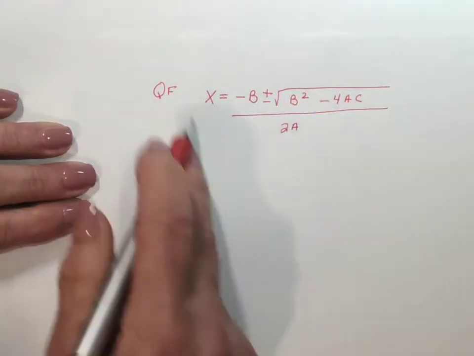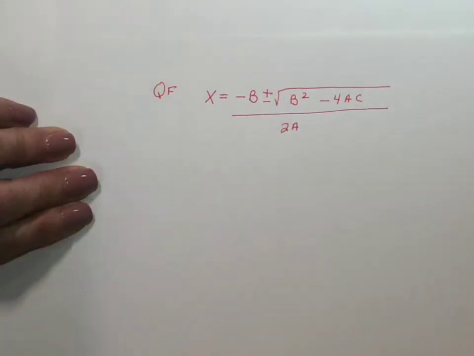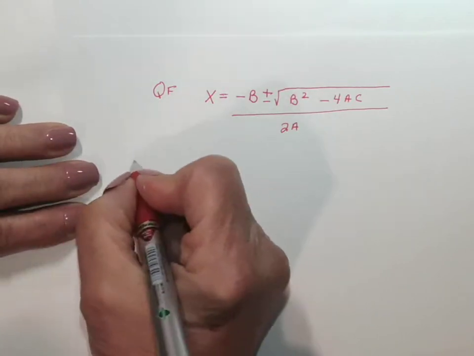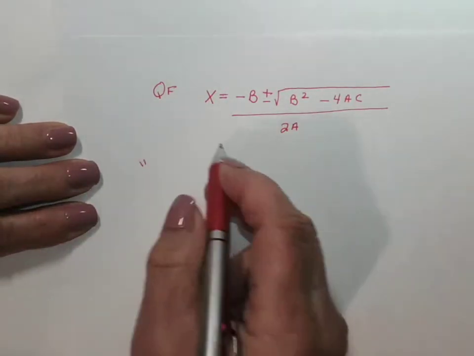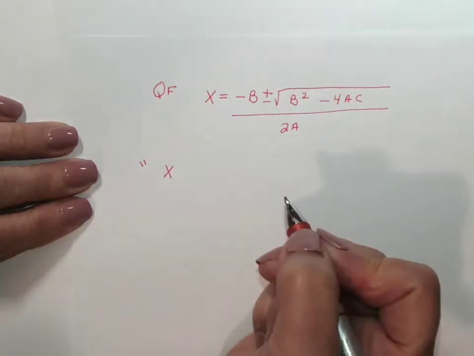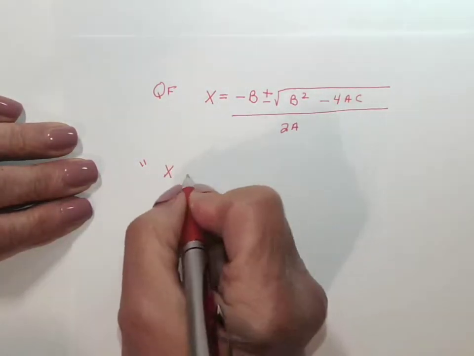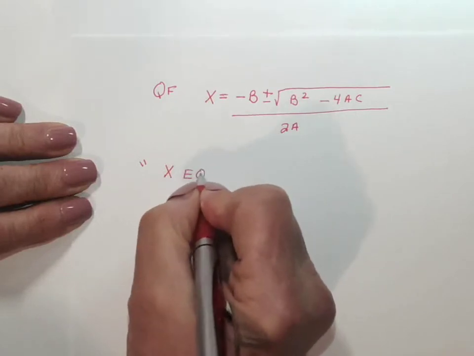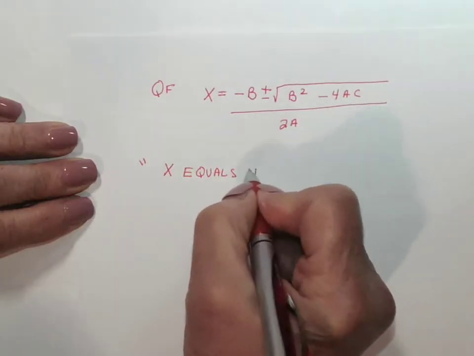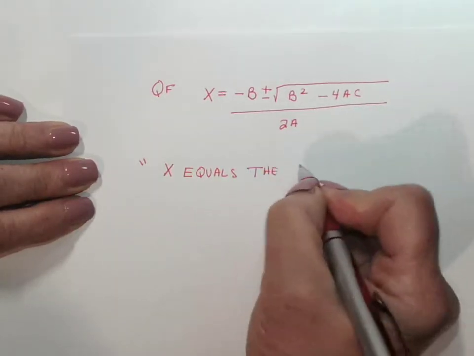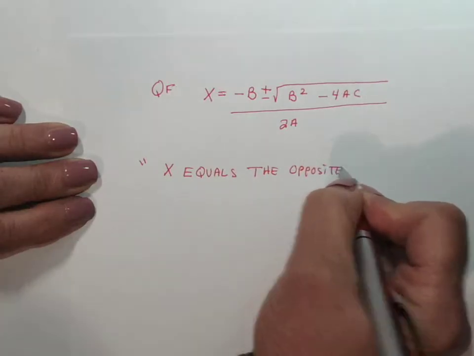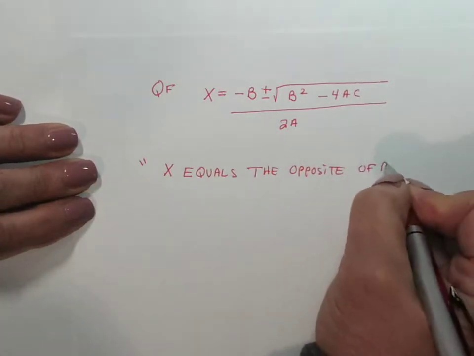Now, not only do you have to demonstrate the formula, but you have to make sure that you use the right words. So, the words are x equals the opposite of b.